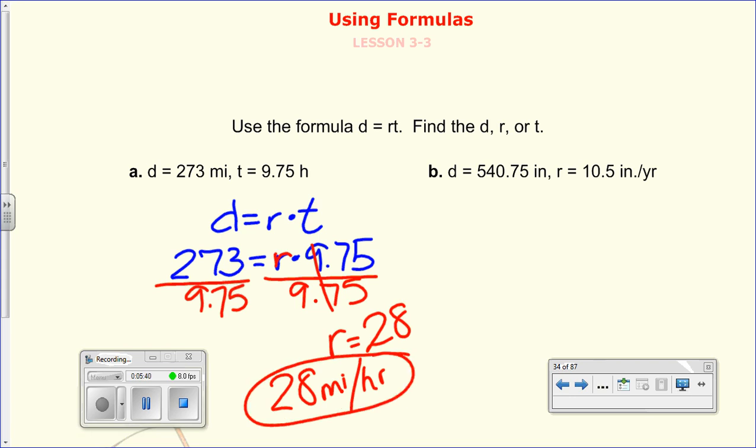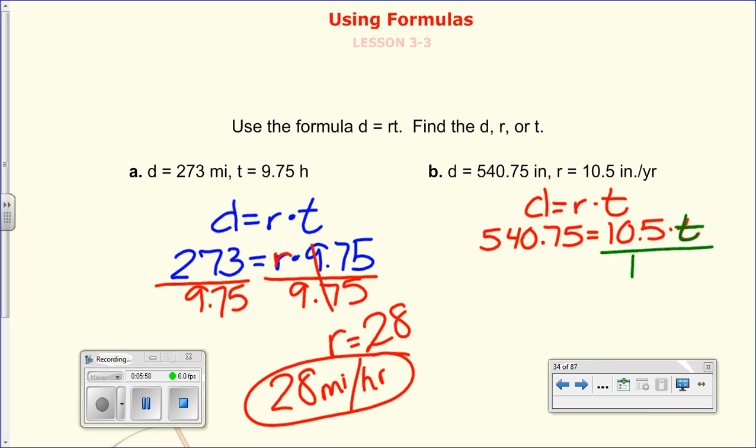Now if we do B, same thing. Distance is equal to rate times time, where the distance is 540 and 75/100ths, and the rate is 10 and 5/10ths, and we're timesing by t. Again, we're getting the variable t by itself, so we're going to divide by 10 and 5/10ths because that's what they're multiplying by. And again, you have to do it to both sides to keep the scale even.